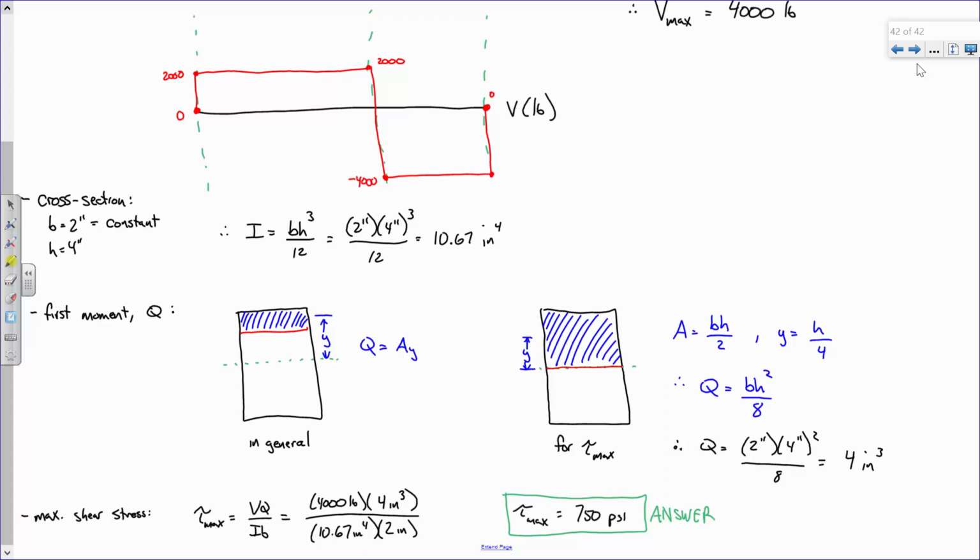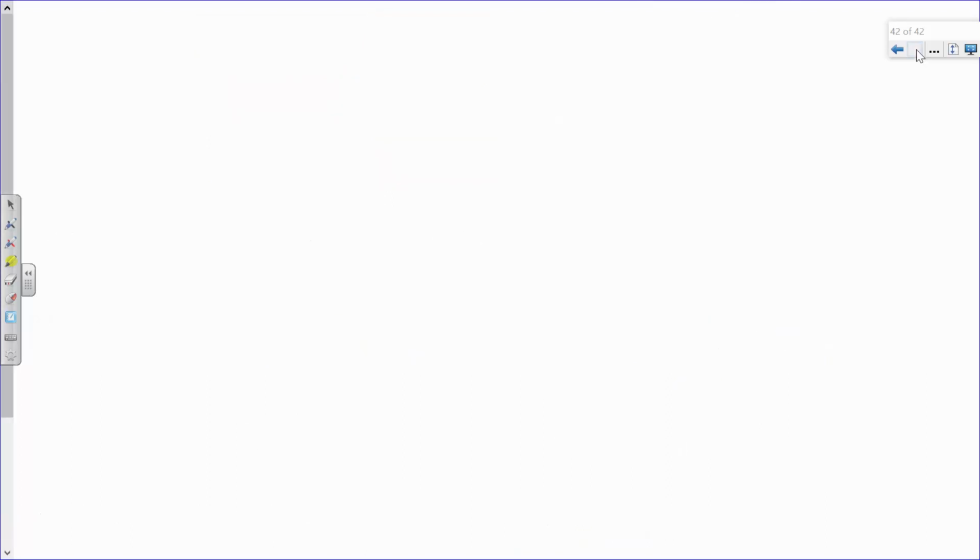Has everybody got this? So part B, our V in this case is 2,000 pounds. Our moment of inertia is still 10.67 inches to the 4th.